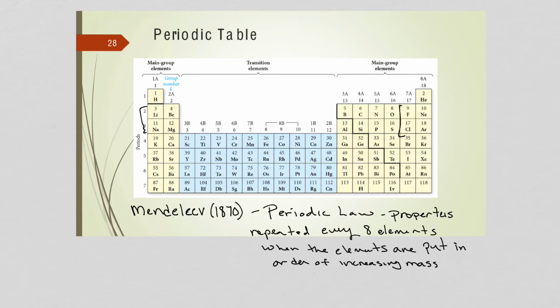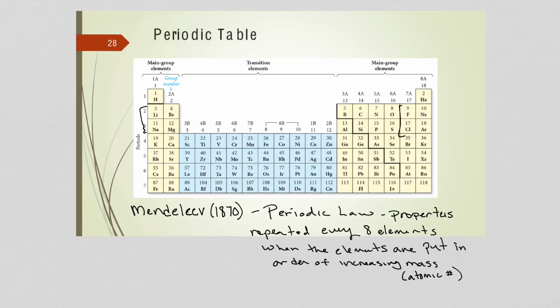It has now in modern periodic tables, this is not in mass order, it is in order of atomic number, or number of protons, which essentially follows the same order as mass, except for in a couple of places on the periodic table where you have to flip-flop a couple elements. But generally speaking, as you add protons, the mass is going to go up, and so the orders are essentially the same.